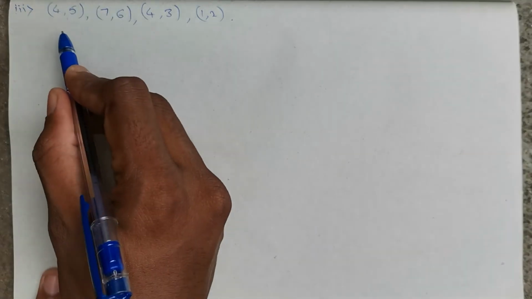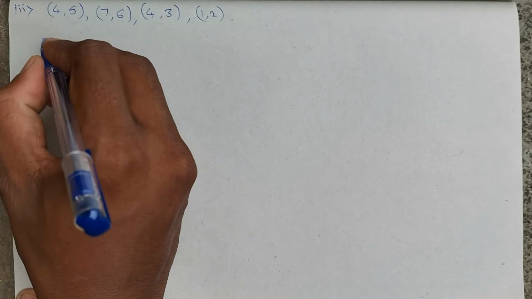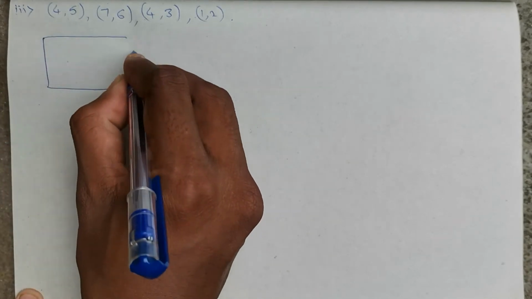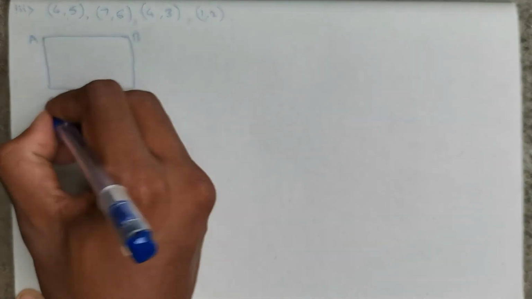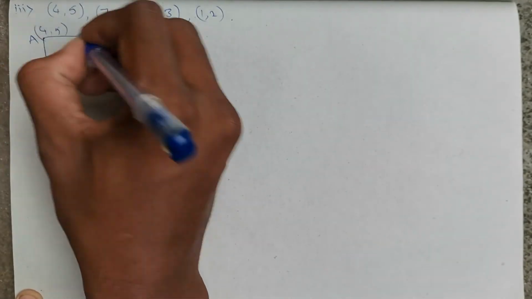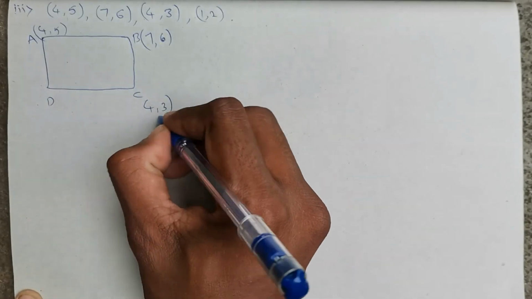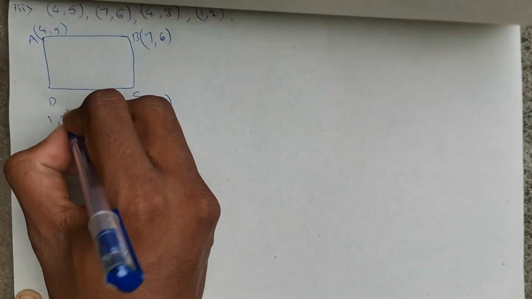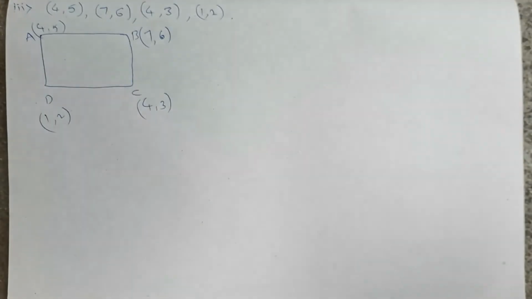Next, the third question is 4, 5, 7, 6, 4, 3 and 1, 2. So we have some quadrilateral ABCD. Point A is 4, 5 and point B is 7, 6 and point C is 4, 3 and point D is 1, 2. So first I am going to find AB distance.